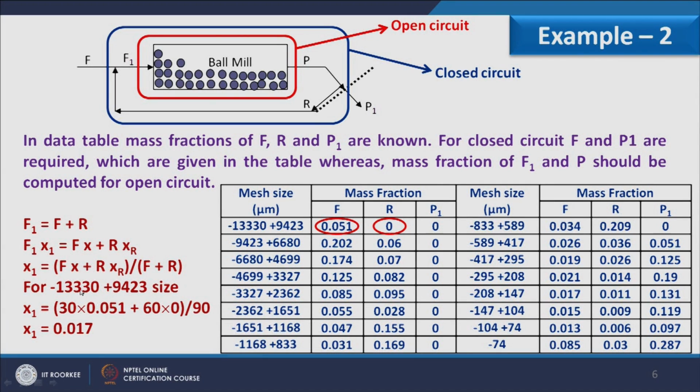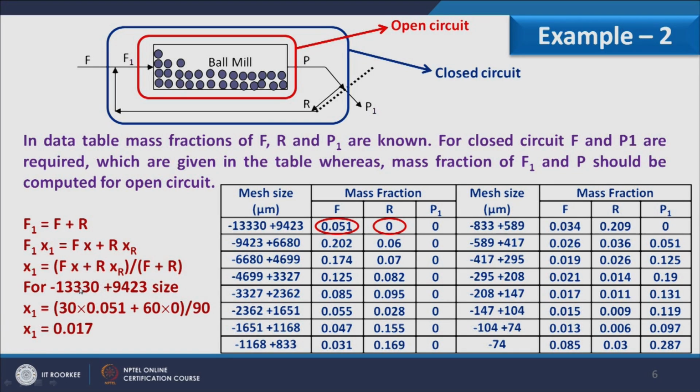So, for this size we can calculate x1 as 30 into F, that is 0.051, plus 60 into 0, divided by 90. So, using this expression for each size interval we can calculate the value of x1.